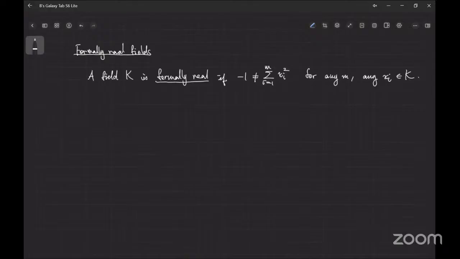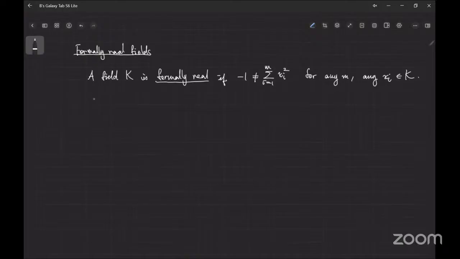And our claim is that if it is formally real, then it is orderable, meaning that it can be assigned an order to which it turns into an ordered field.